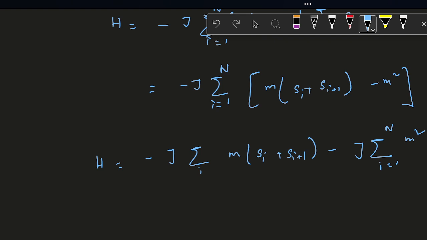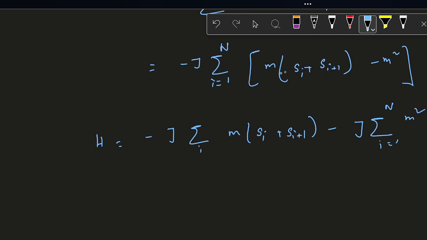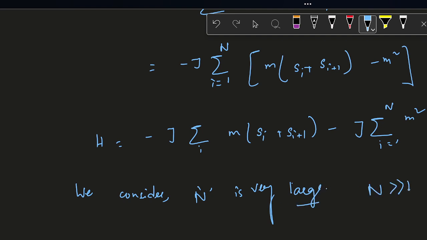Now there is an important consideration that we take: our total number of spins n is very large. That is also given as a consideration in some other previous problem, where you are given this limit that n is much greater than 1.